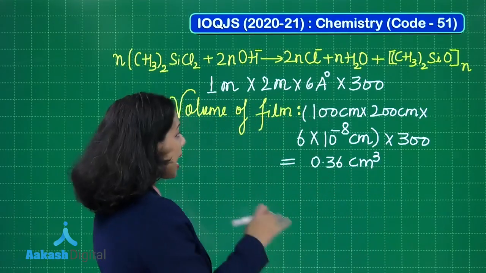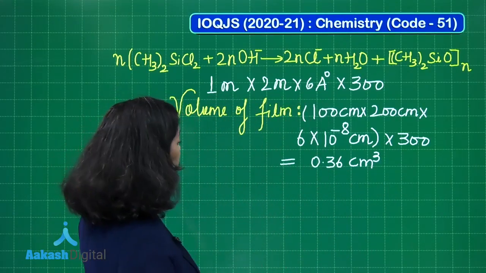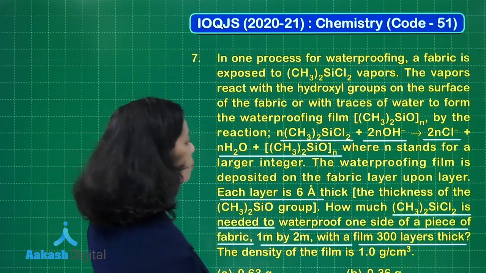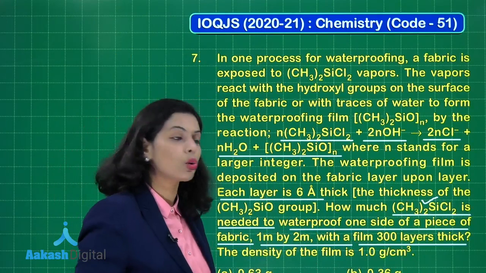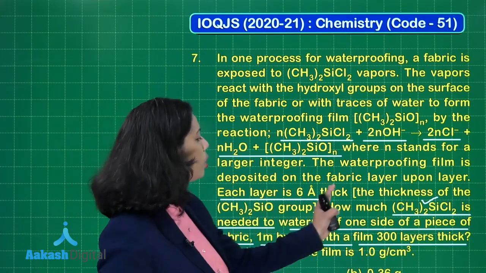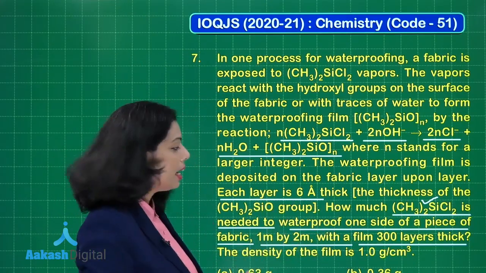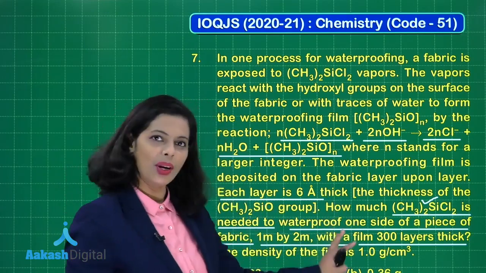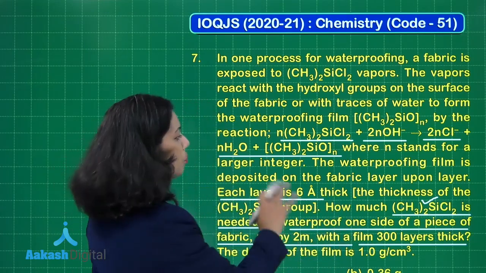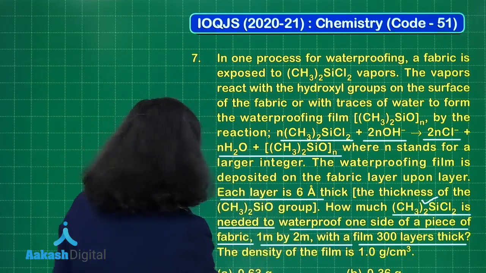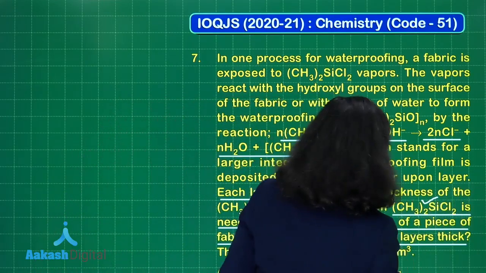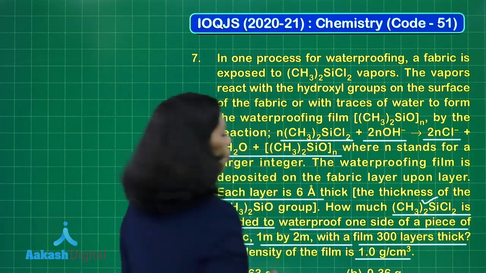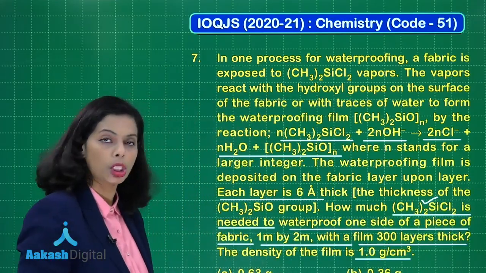Okay. Now, as per the question, what do we need to find out? You need to find out how much dimethyl silicon chloride is needed to waterproof one side. And 300 layers are already there. Now we have the volume, and as per this question the density is also given. If you look here, there is the density, 1 gram per centimeter cube, right?